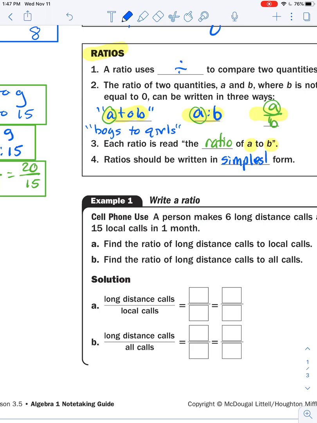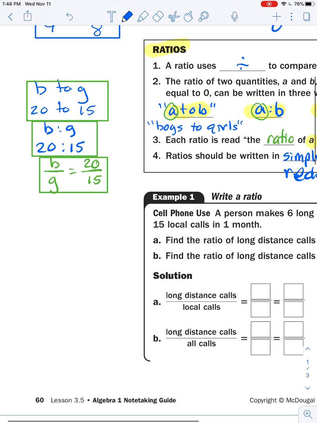Now it says ratios should be written in what we call the simplest form, or you might call it reduced. You've done this before, because since we're representing them as a fraction, you would have to write them in lowest terms. That might be something that you think of or know about, lowest terms. So whichever term makes the most sense to you. So for example, over here, this one's not in lowest terms because 5 goes into 20 4 times and 5 goes into 15 3 times.